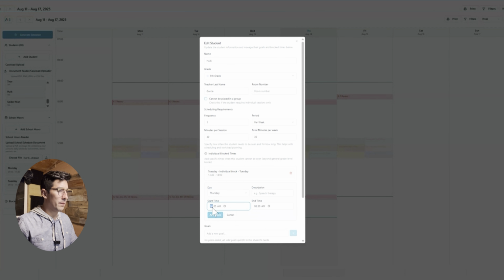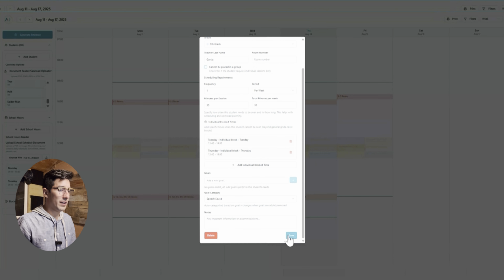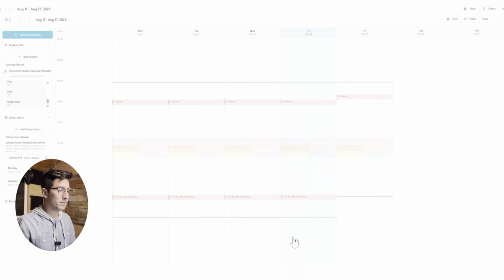Let's just say Tuesday, Thursday for him. And again, the same time, 1:40 p.m. to 2 o'clock. So when we see the schedule pop up, Hulk should obey all of the time blocks for 5th grade, and it should also follow all the time blocks for this as far as his individual block time. We're going to save it right down here, and voila.